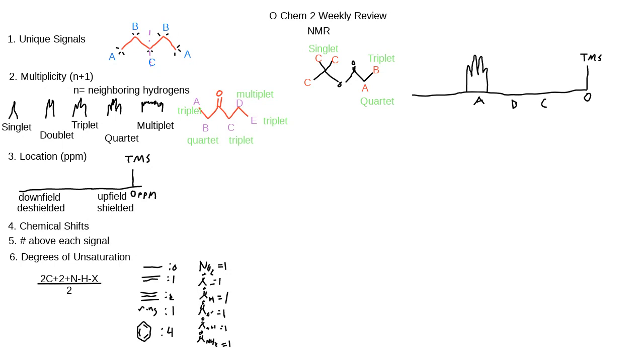For B, I have a triplet, so my peak should look like this. For C, we found out it was a singlet because it was neighboring 0 carbons, and 0 plus 1 equals 1, which is a singlet. So it just looks like this. Okay?